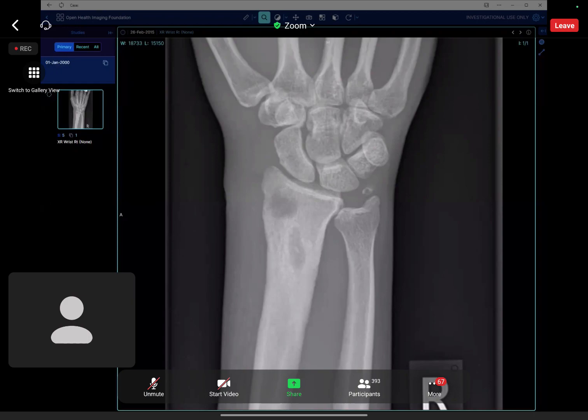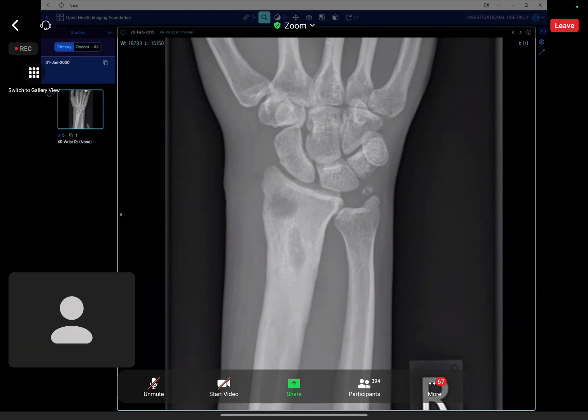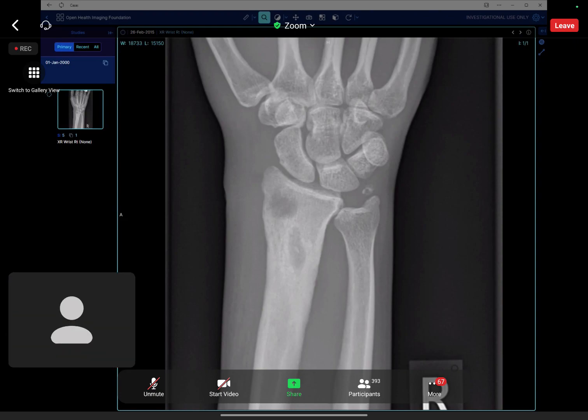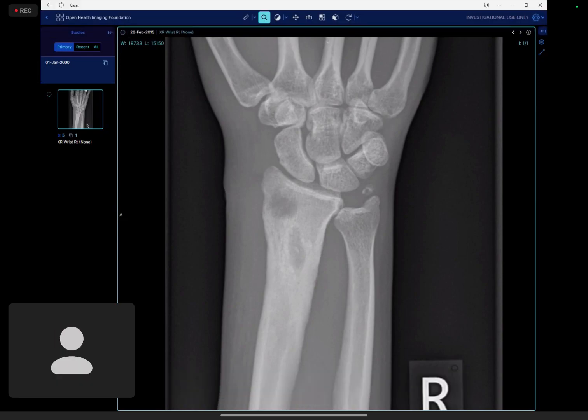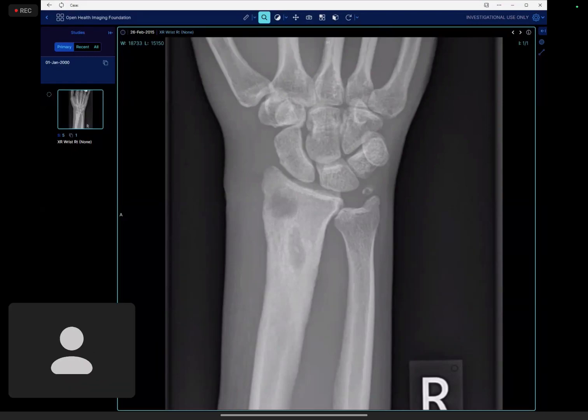With these findings, because it's a skeletally mature patient, the first differential I would think of is a metastatic deposit, most likely from the lung because it's located in the peripheral skeleton. The other differential is, if the patient has any history of fever or tenderness, some kind of infective process.